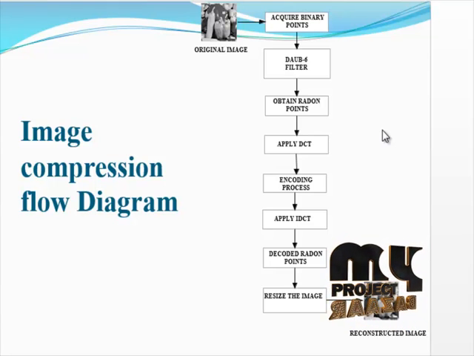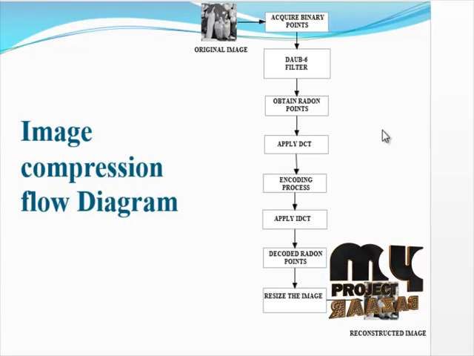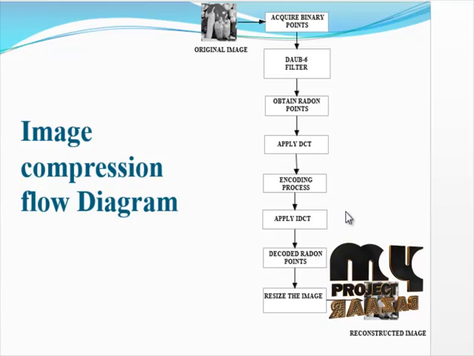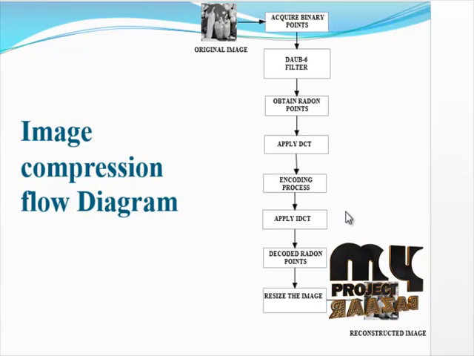In this encoding process we have mux and demux processes, and then store the matrix value. Then we apply the inverse DCT, so we get back the original values, and then the bit compression and decoding of the points. So we get the resize.